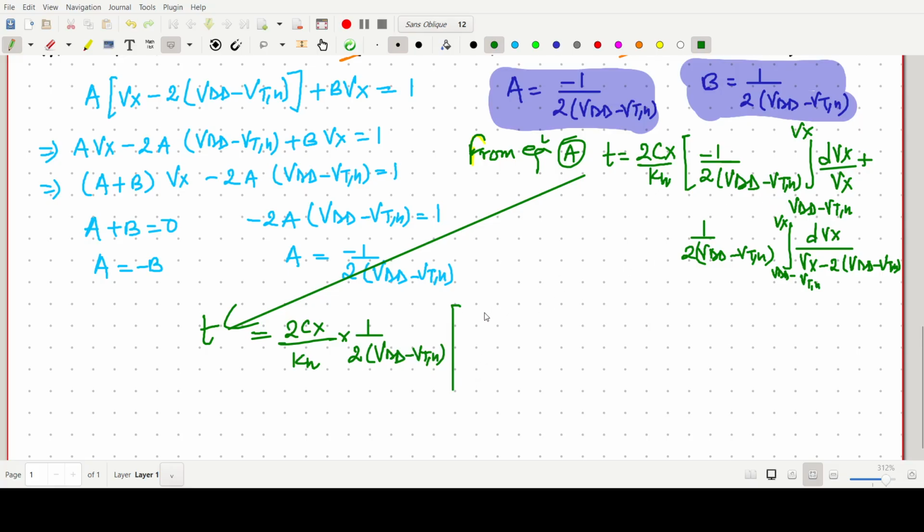This one is okay. Now this integral, minus sign is there, so keep it there: dVx by Vx, plus again dVx by (Vx minus twice (VDD minus Vtn)).